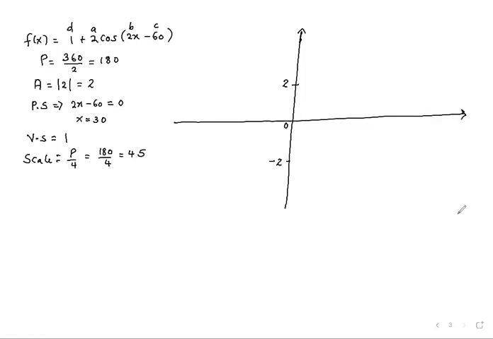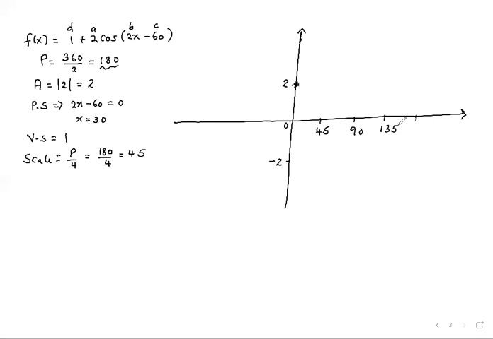Then we know the sketch of cos, the original cosine, starts from the first amplitude, the positive amplitude. And then from 0, since the period is 180, it moves from 0 to 45, from 45 to 90, from 90 to 90 plus 45, 135.